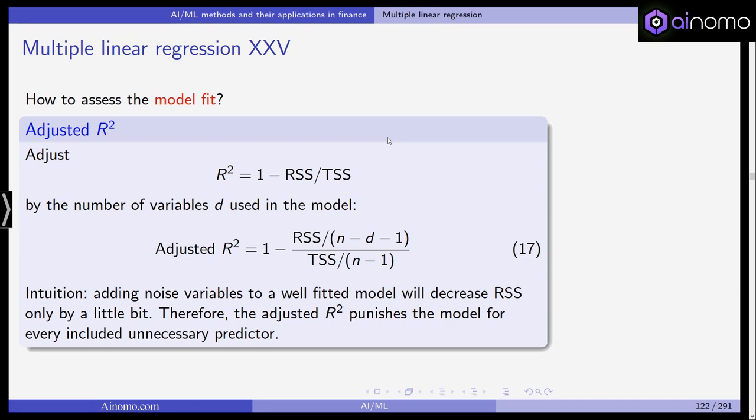It can only increase, it will never decrease, so that at some point we'll include unnecessary predictors, predictors that are irrelevant, and actually this will reduce the model fit in the sense that we get overfitting. We have a better fit on paper, but actually we're including unnecessary complexity in our model.